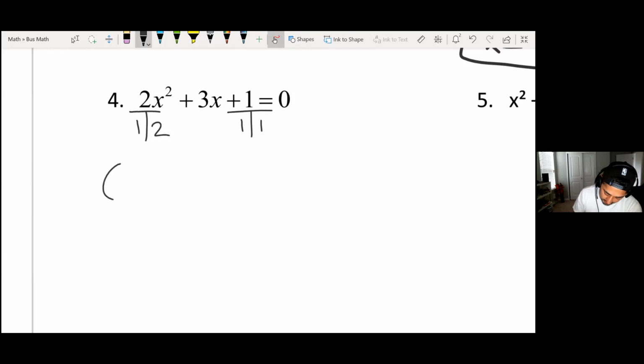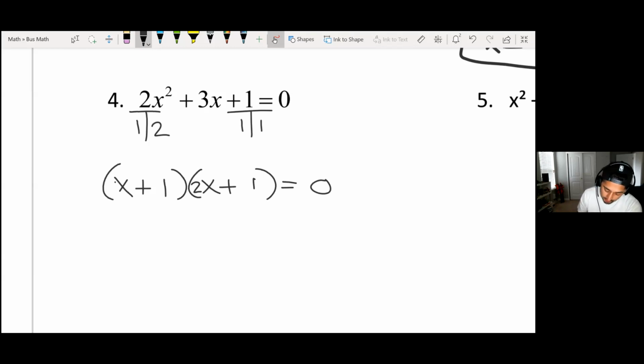I'm going to have parentheses, and I'm going to fill in the factors of 2 already because 2 is easy. It's 1 and 2, so I'm going to put 1x here plus and 2x here plus equal to 0. This one's super easy to factor because we put the 1 and the 2 in, and the only factors of 1 are 1. So I put a 1 there, a 1 there, factored.